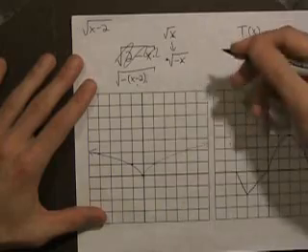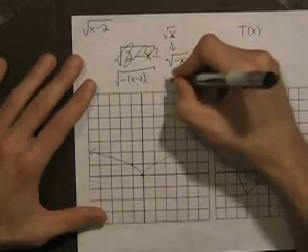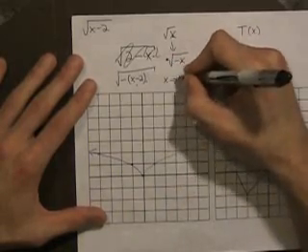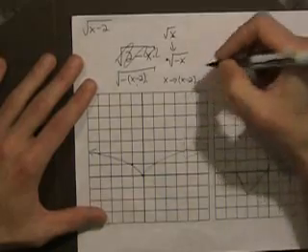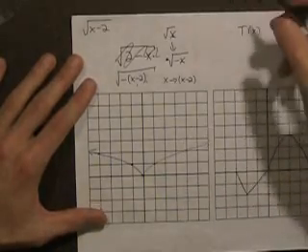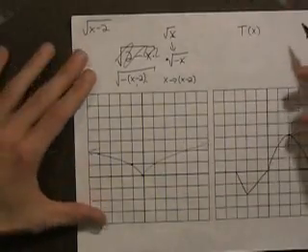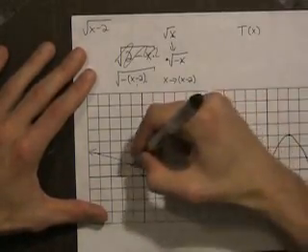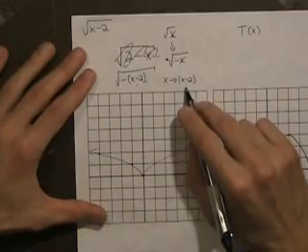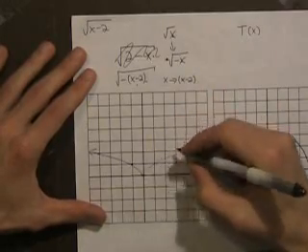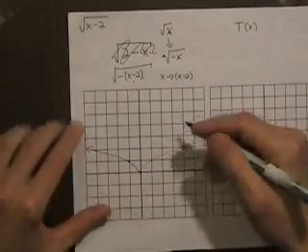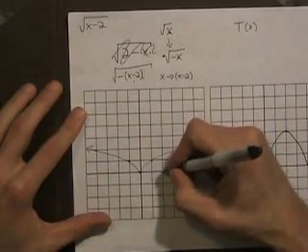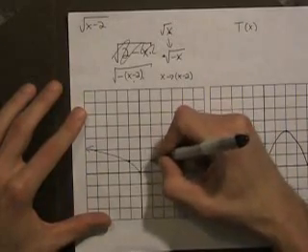And then to get from this to this, again, we replace x with x minus 2. Whenever you replace the x that way, it's going to shift it 2 units to the right. So once you establish that flip, you move everything 2 units this way.